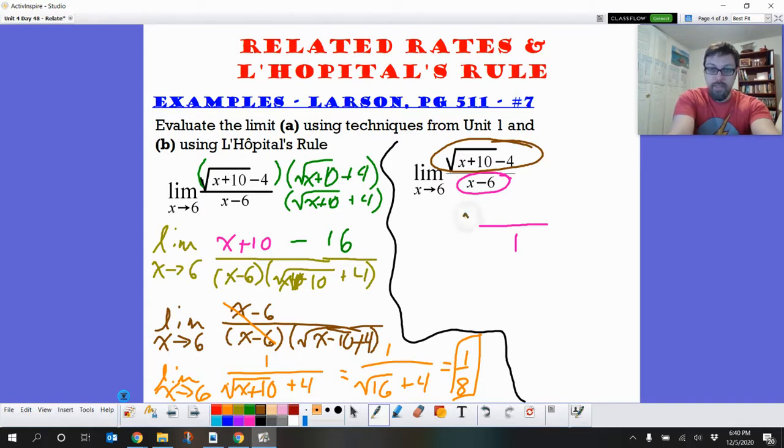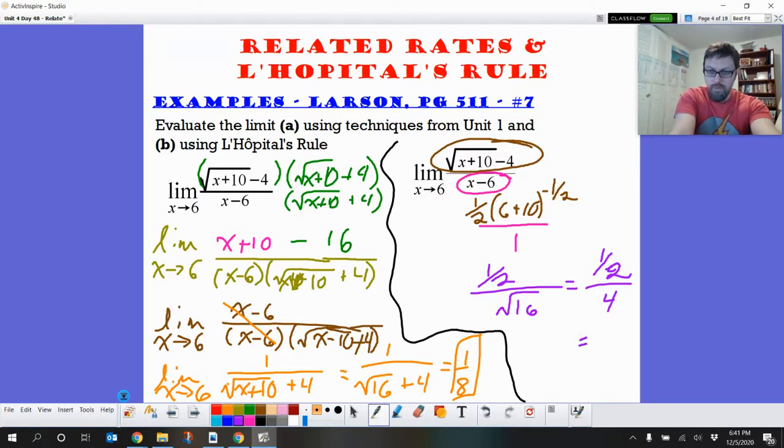That's going to be 1/2 times 6 plus 10 to the negative 1/2, and the 4 goes away from the derivative. Then that 6 plus 10 to the negative 1/2 goes in the denominator. So now I've got 1/2 over the square root of 16, which is 1/2 over 4, which is 1/8. And we're done. And that's it.